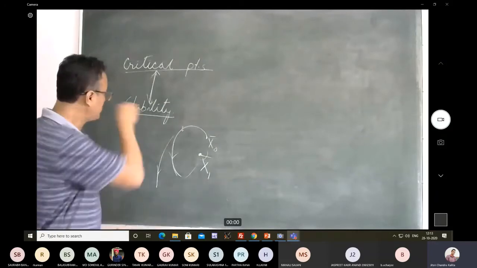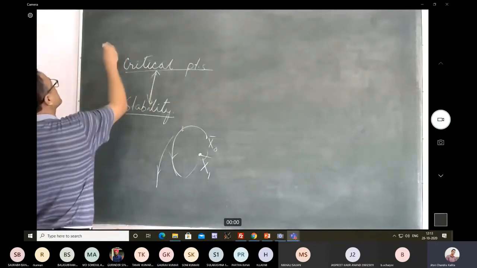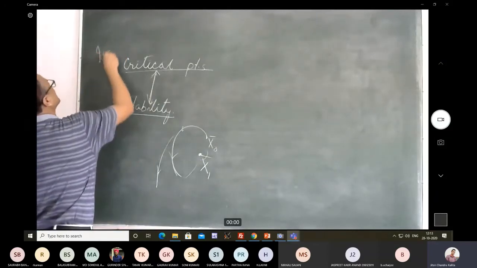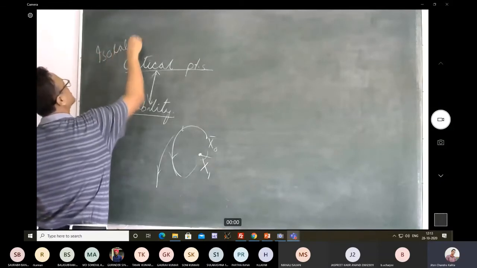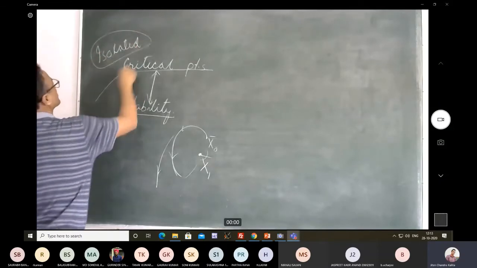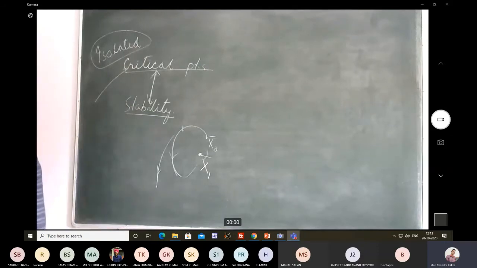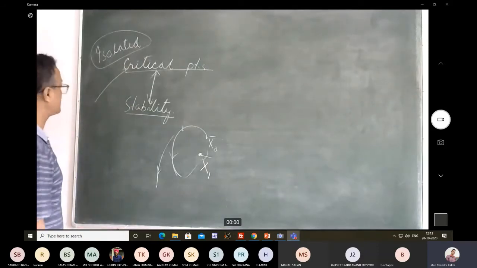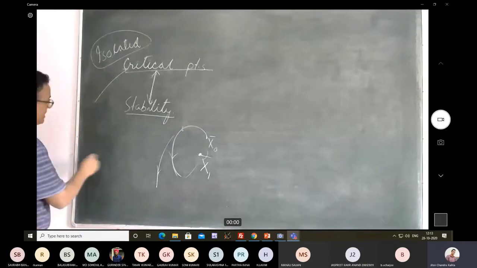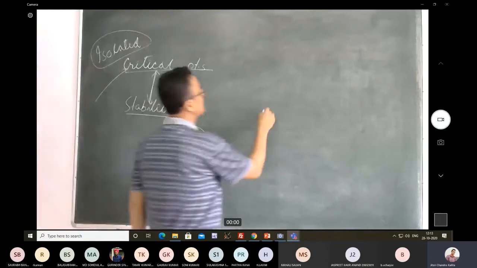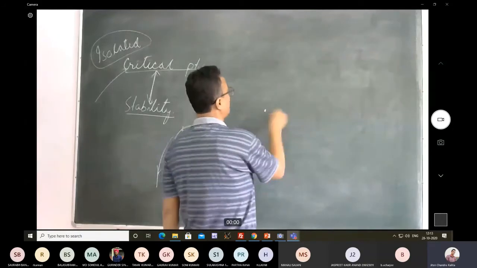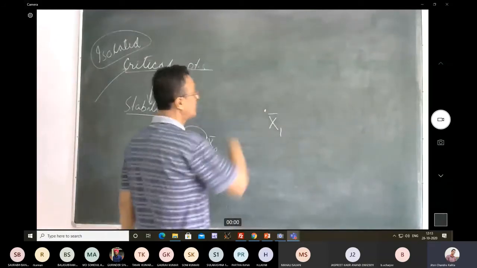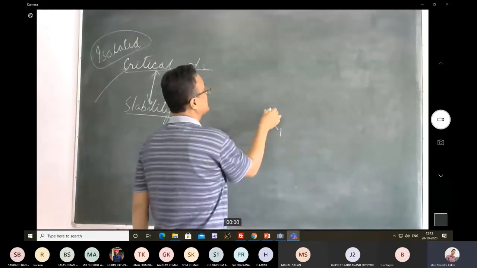Now, in some books you may find the word isolated. They describe the critical points as isolated points, or isolated critical point. What is the meaning of that? Suppose I have a critical point x1.